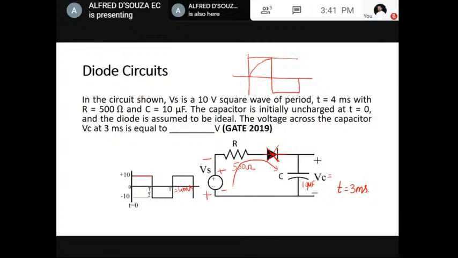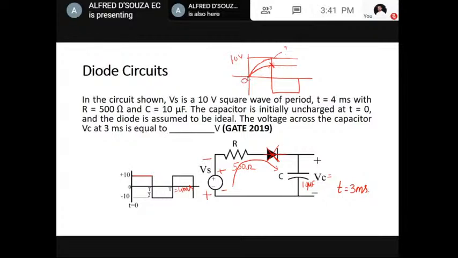The question is to what value the capacitor will charge. Does it charge to the peak value of 10 volt, or to a value less than 10 volt and then hold? So what is that value to which the capacitor is charging? That is the question.